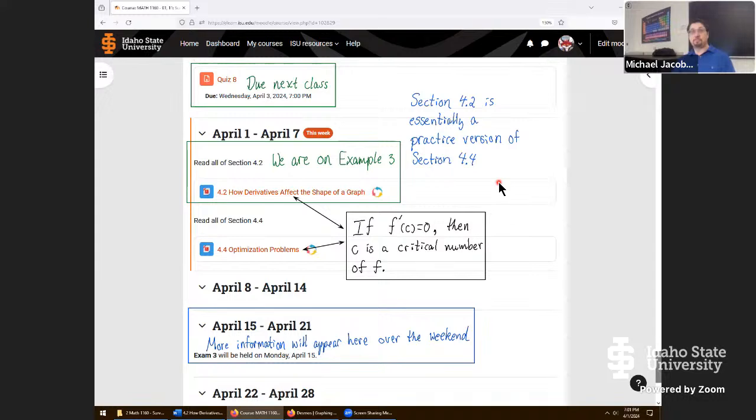Well, any other questions, folks, before we go back to our section 4.2? Okay, 4.2 is a pretty long section. We have two major things we're looking at in there: local minimums and maximums, and inflection points. And whether the question is mins and maxes or inflection points, the process is pretty much the same.